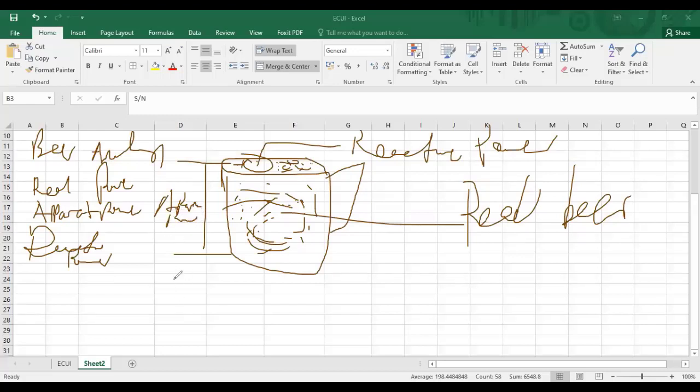The apparent power is rated in VA, that's the unit. The real power is in watts. And the reactive power is in what? VAR, so small letter r, reactive.